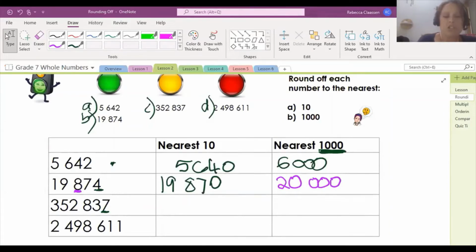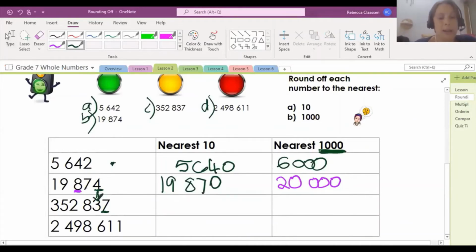So if the digit in the units column is 5 or more, then it means the tens column is going to go up by 1. So what's the tens, Jaden?